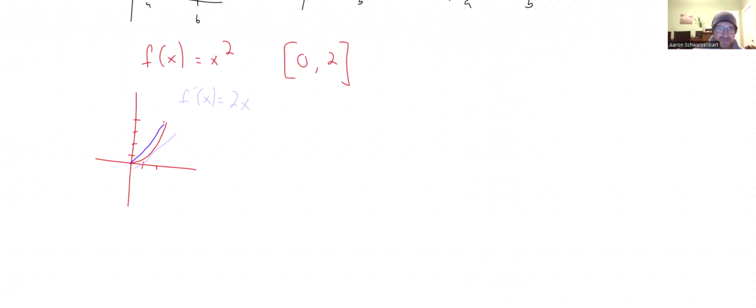The f of b minus f of a, f of 2, so this is really just a glorified slope formula, y2 minus y1. f of 2, 2 squared is 4. It's a slope formula, you just actually have to find the y-coordinates.